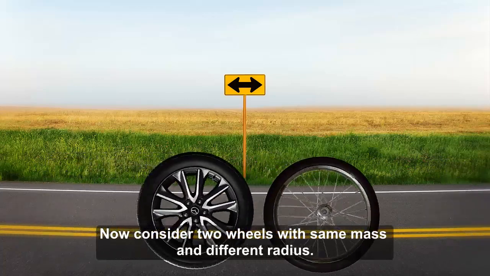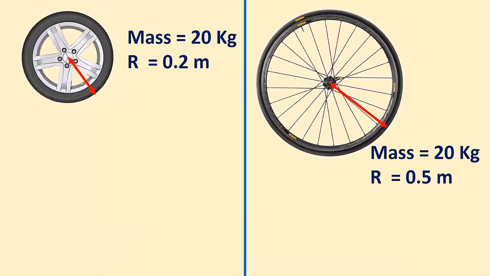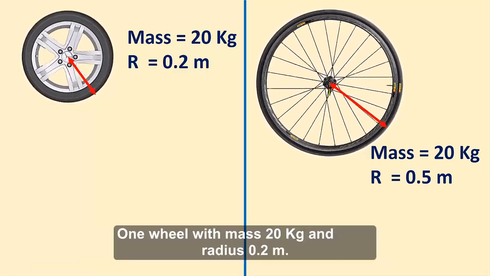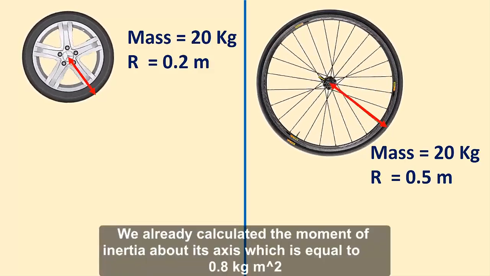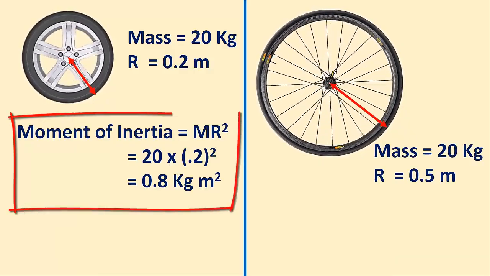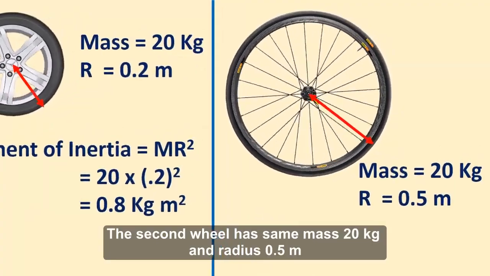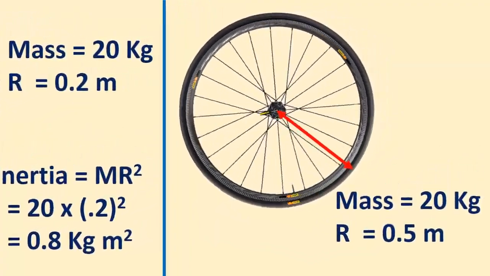Now, consider two wheels with the same mass and different radius. One wheel with mass 20 kg and radius 0.2 meter. We already calculated the moment of inertia about its axis, which is equal to 0.8 kg m². Now, let us take the second wheel, which has the same mass 20 kg and radius 0.5 meter.